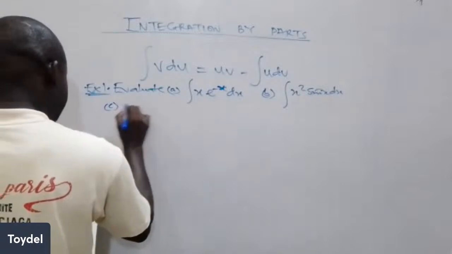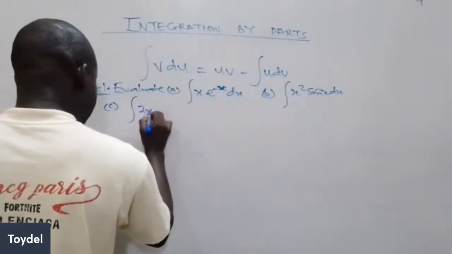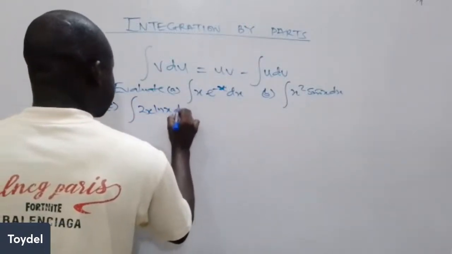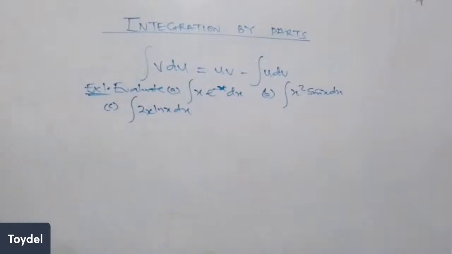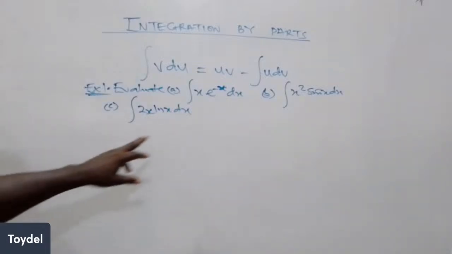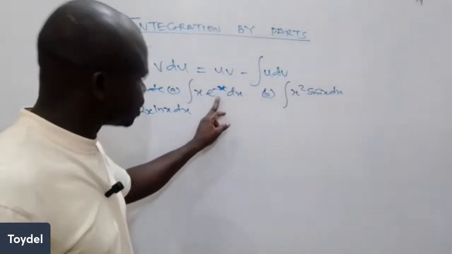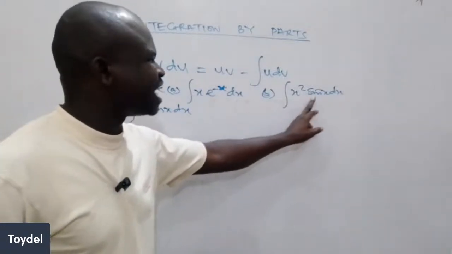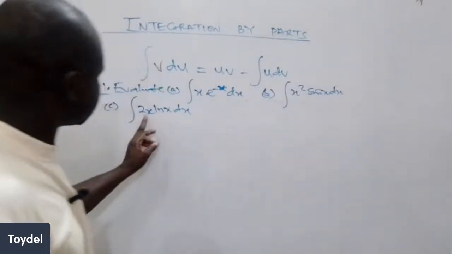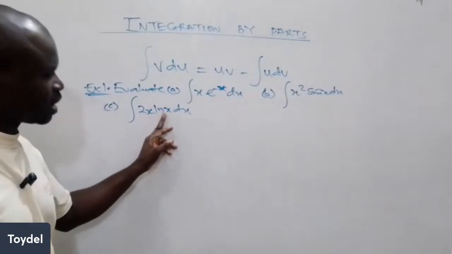Then C, where we have the integral of 2x ln x dx. You realize that under integration by parts, you have the product of 2 different functions. For instance, in this first one, this is a polynomial function and an exponential function. Here, a polynomial function and a trigonometric function. Then this is a polynomial function and a logarithmic function.